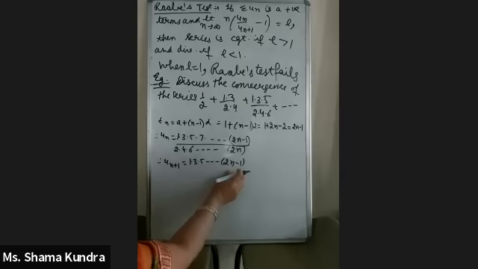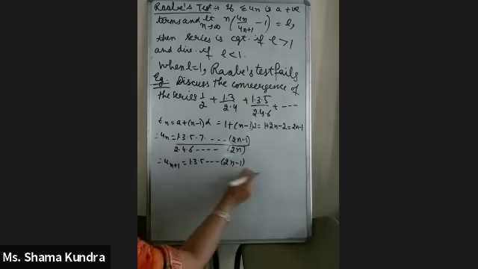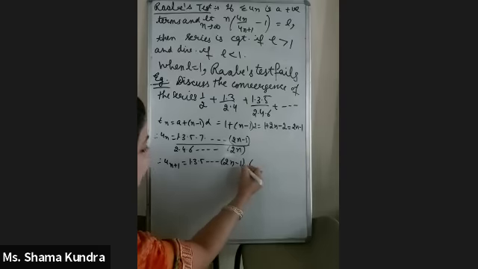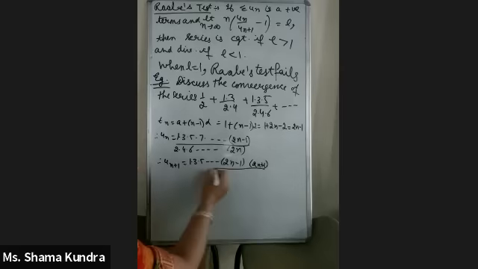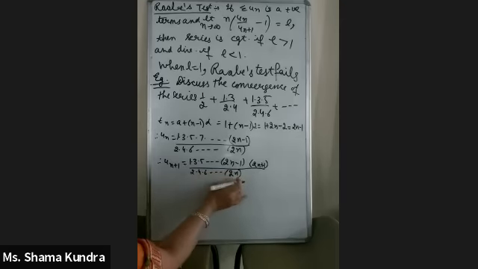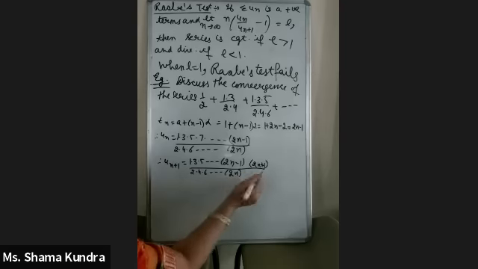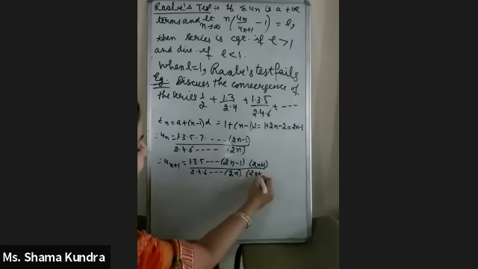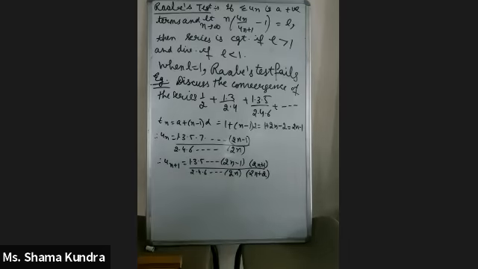Must write this term, never skip it, otherwise confusion will be created. 2n minus 1 plus 2 is 2n plus 1. Now add 2 in the denominator, we get 2n plus 2.